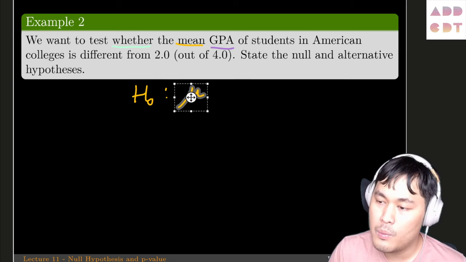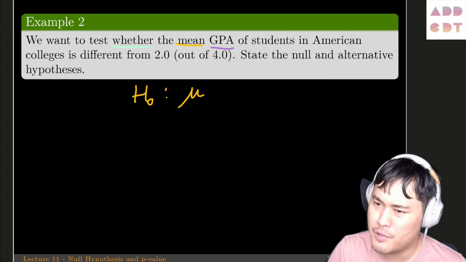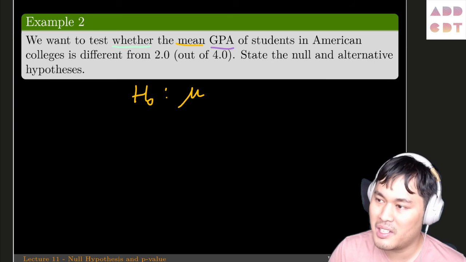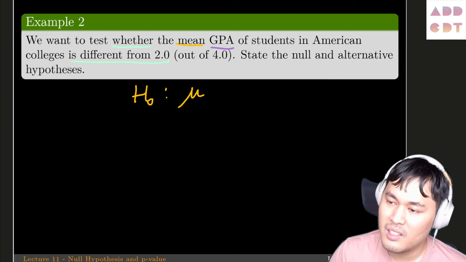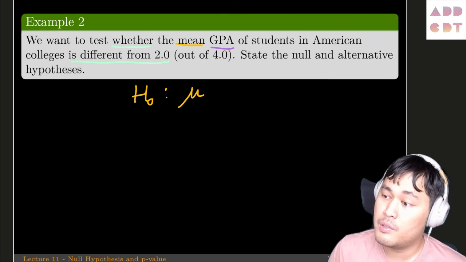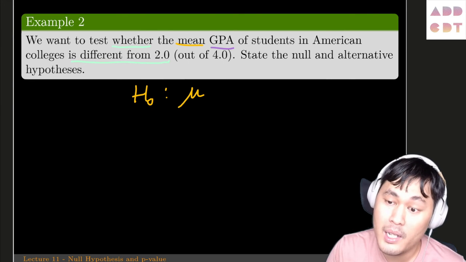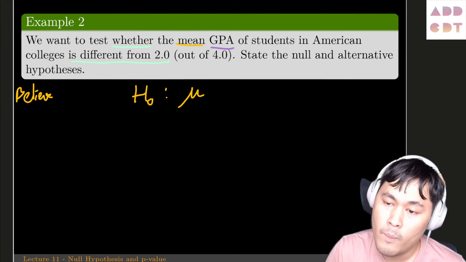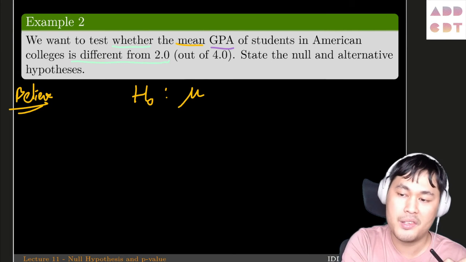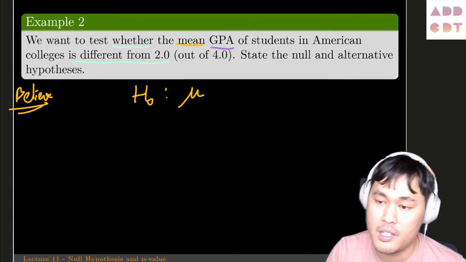And so what's the claim? We want to know whether the average is different from 2.0. Again, that's still not clear from the sentence, which could be good or bad depending on how you interpret it. But since it is "whether," there are two outcomes: we might believe that statement, or we might believe the alternative, the negation of that statement.